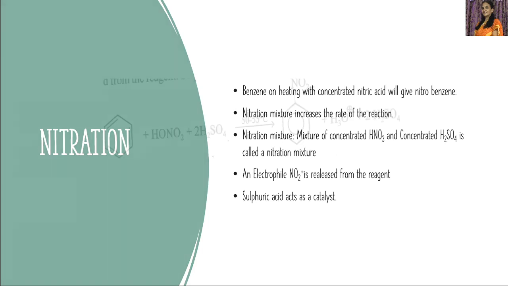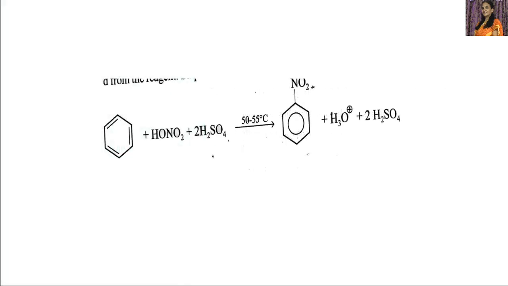Okay, now let us see the reaction. Here, this is benzene. When it is treated with nitric acid, HNO3, I wrote it like this to show the electrophilic substitution of NO2. Sulfuric acid is taken as a catalyst, and the mixture is heated to 50 to 55 degrees centigrade, or less than 60 degrees centigrade.